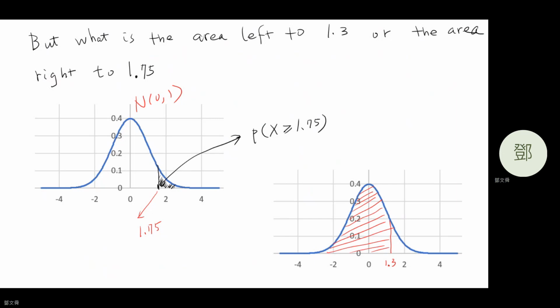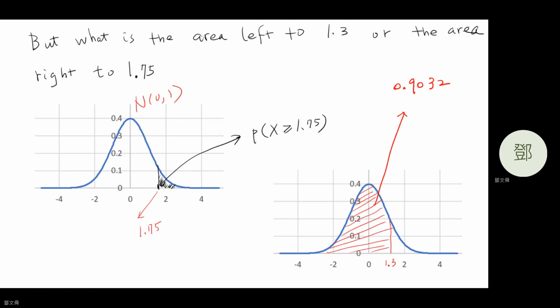Where is my pen? I have 2 pens. So the area is 0.9032.